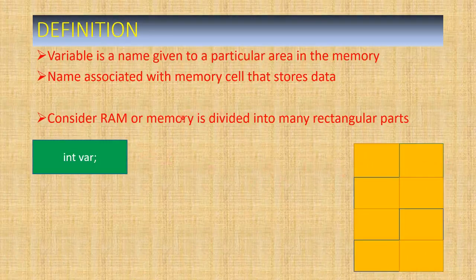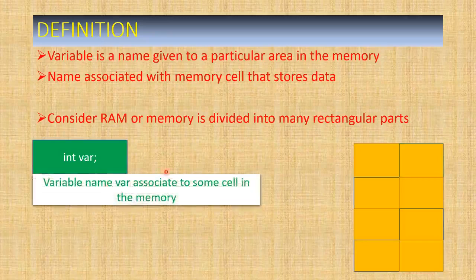So let's try to understand this whole concept with the help of the lunchbox example. Suppose I declare a variable whose name is var. Once you declare the variable, it associates to some cell in the memory.